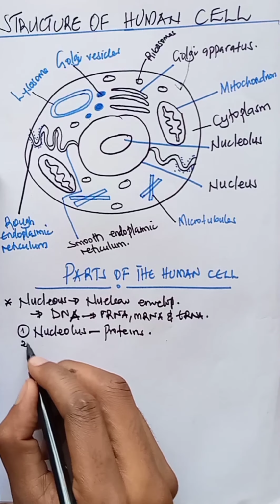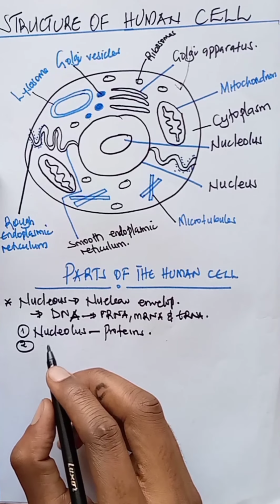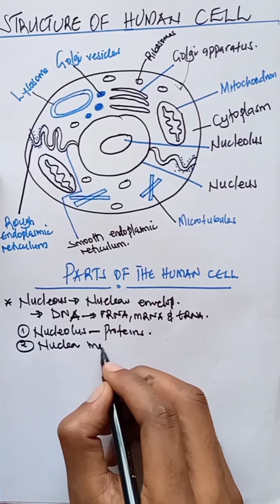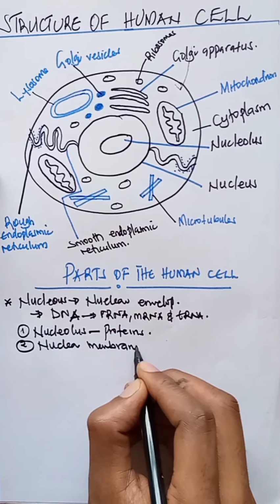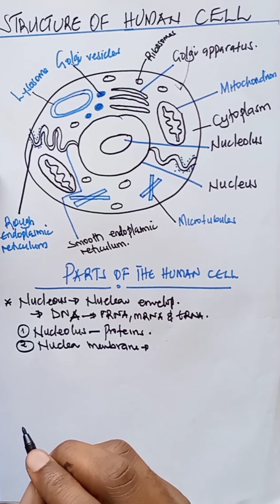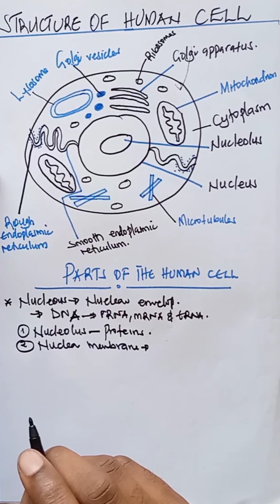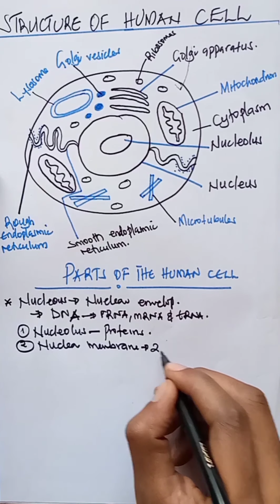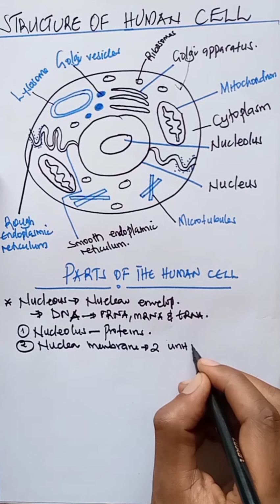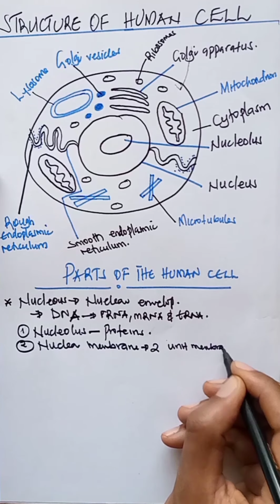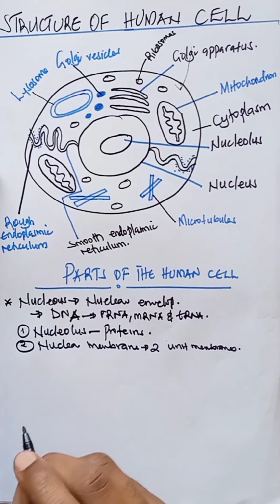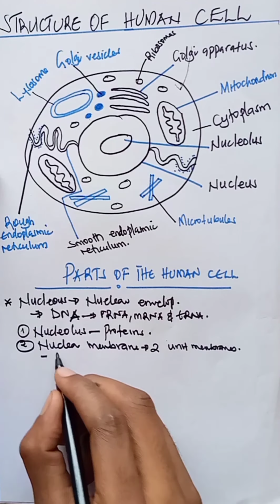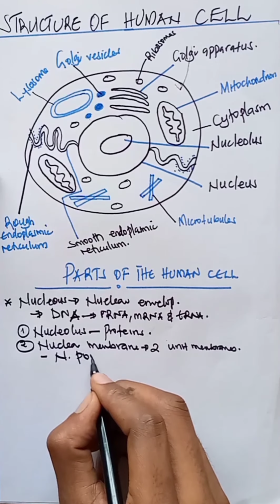Number two, we have the nuclear membrane. It is an envelope or limiting membrane that is composed of two unit membranes. These membranes periodically come together to form what we call a nuclear pore.